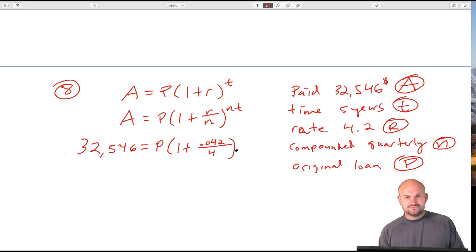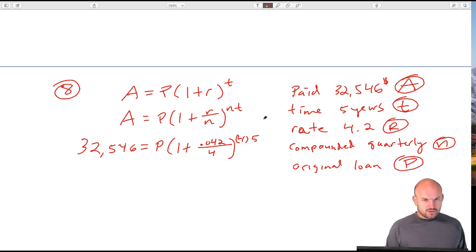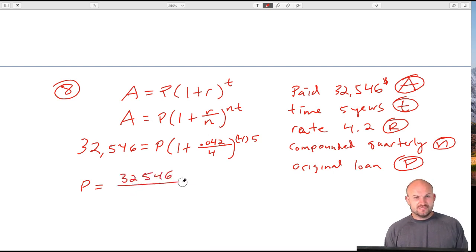Divide by 4. Raised to the 4 times T, which is 5. All right. So then basically your P is just equal to this. So your graphing calculator, this is what you're going to plug in: 46 divided by 1 plus 0.042 divided by 4, raised to the 20th power.